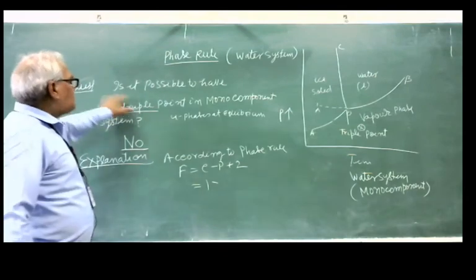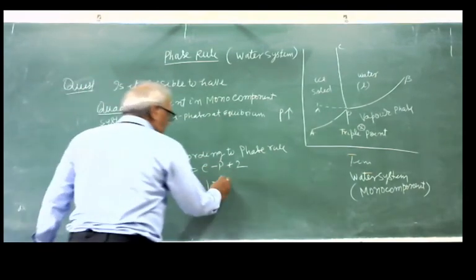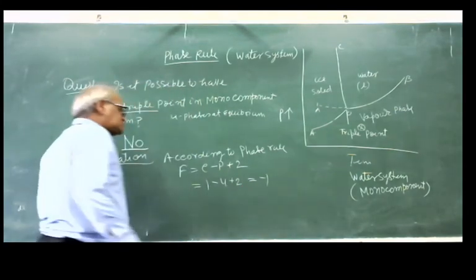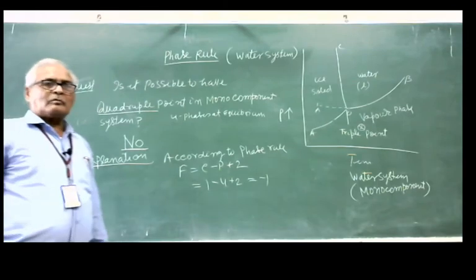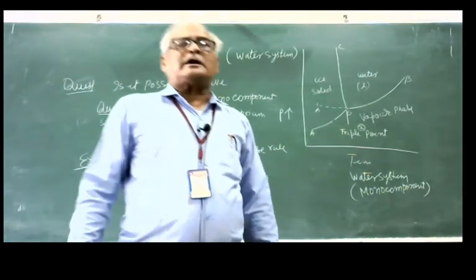Quadruple point means four phases in equilibrium. So F is 1 minus 4 plus 2, which is minus 1. Can you imagine a negative variable?